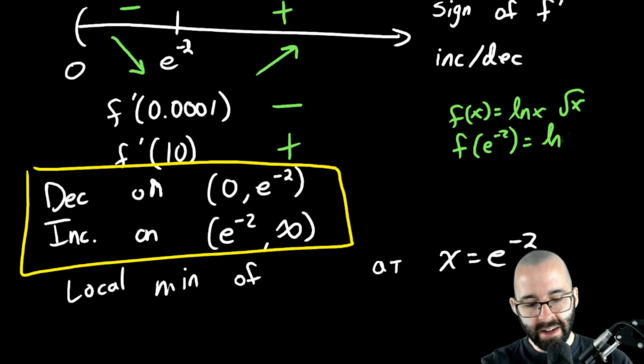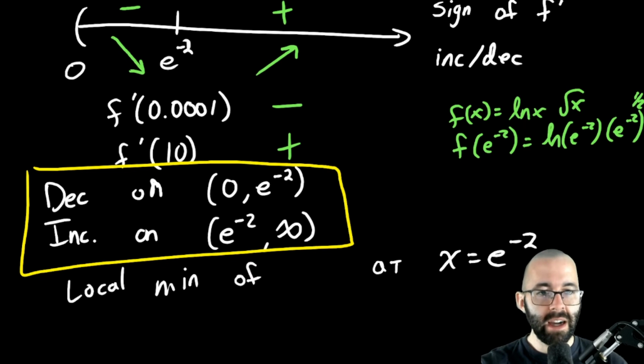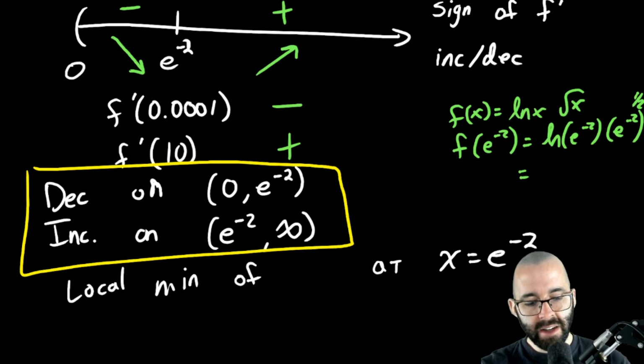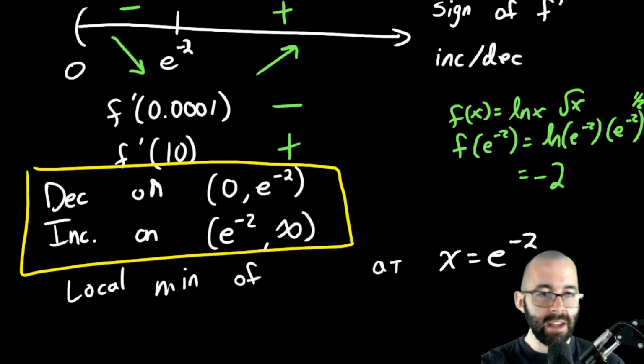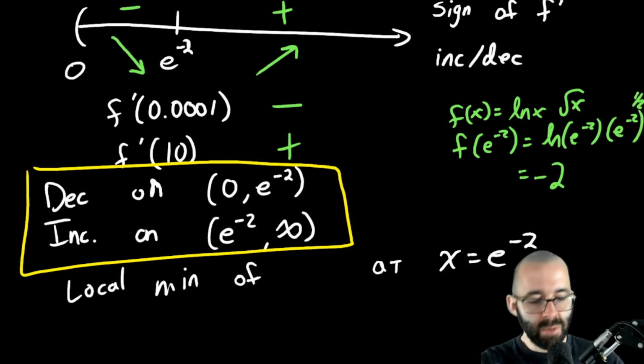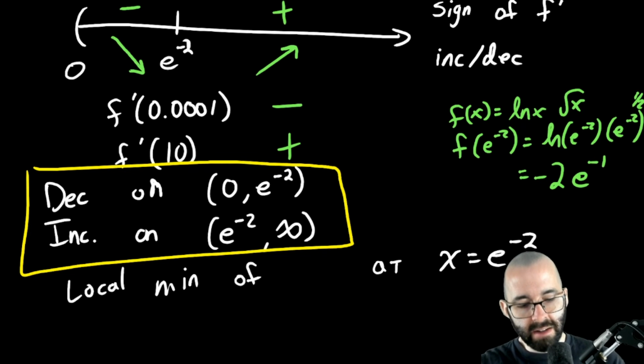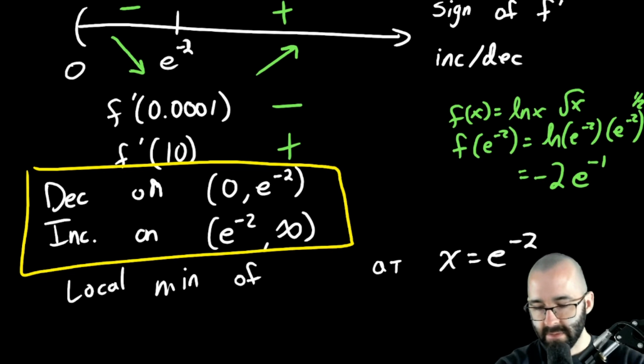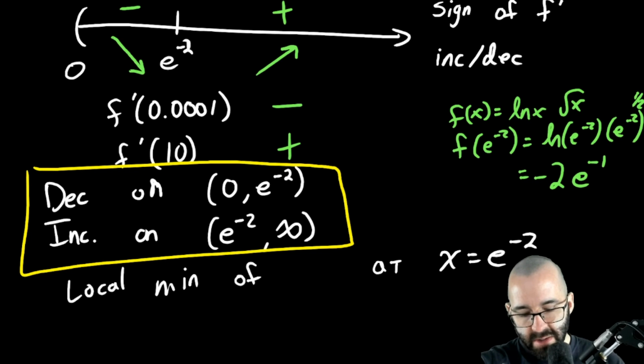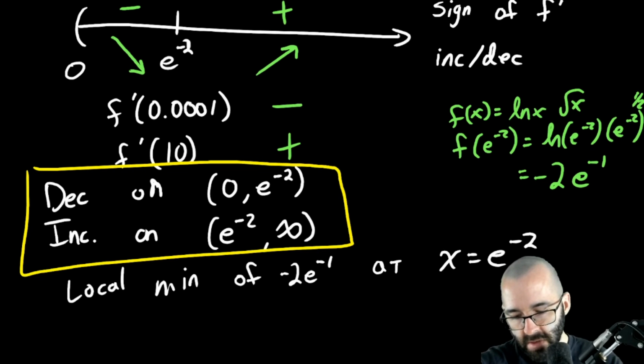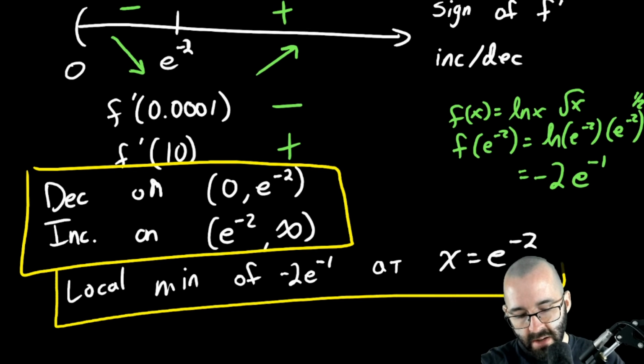And we get ln of e to the negative 2 times the square root of e to the negative 2. Square root is an exponent of 1/2. ln of e to the negative 2, ln and e are inverse functions. They cancel. We get negative 2. And then multiply the exponents on the other one, so it's negative 2 times e to the negative 1. But you can also get the decimal approximation here. That's our answer for part B.